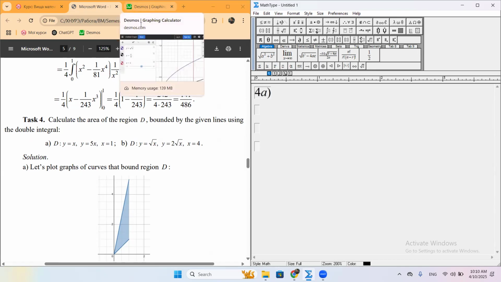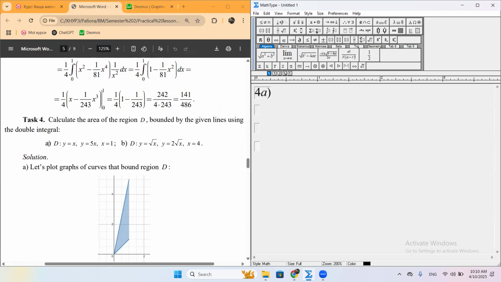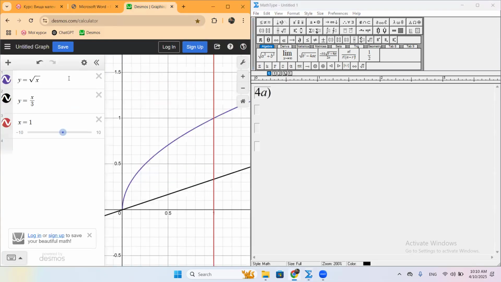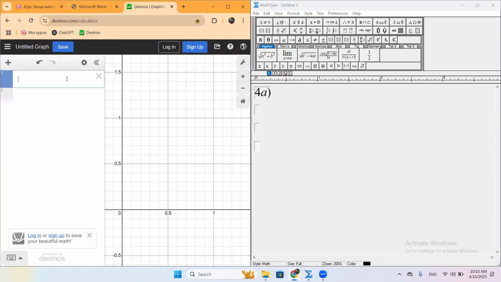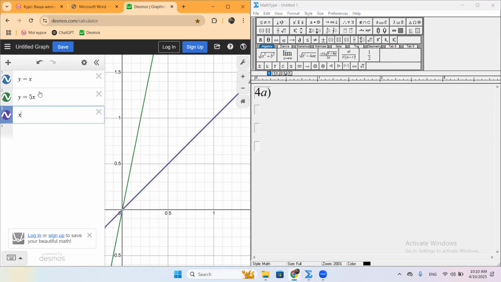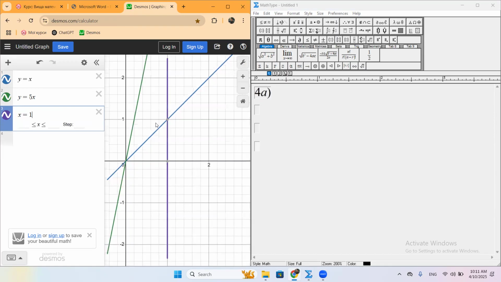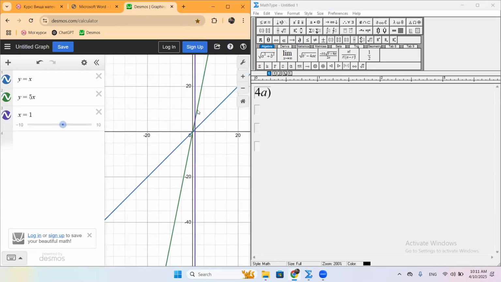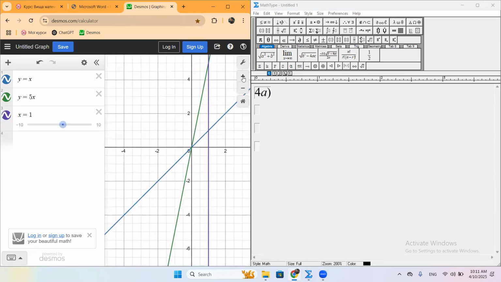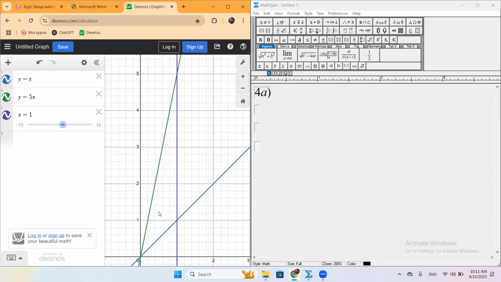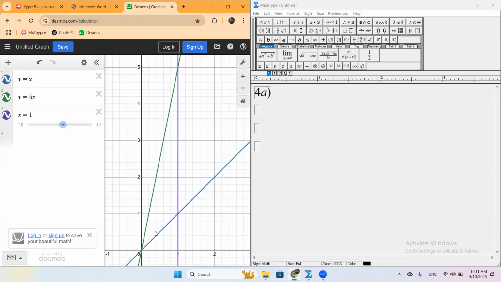So first of all, let's solve for A, and let's plot the region. So y equals x, y equals 5x and x equals 1. So we have such a triangle. So this triangle.